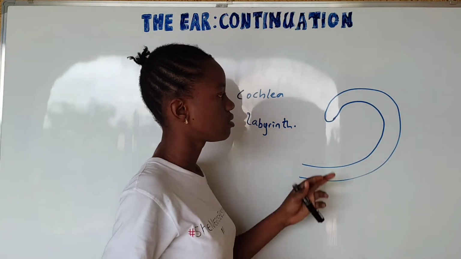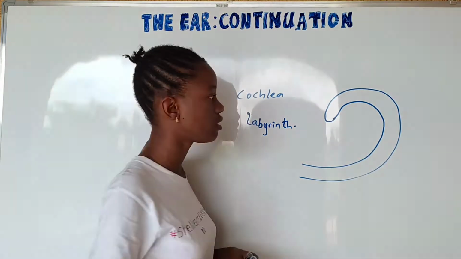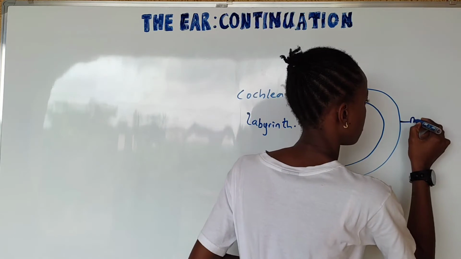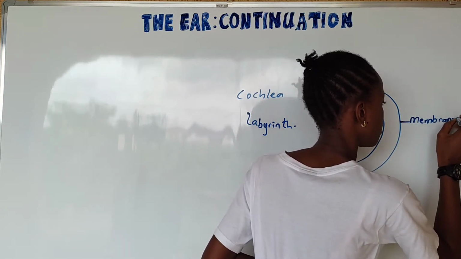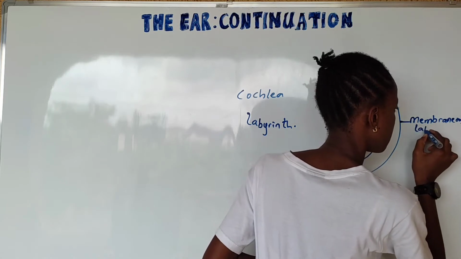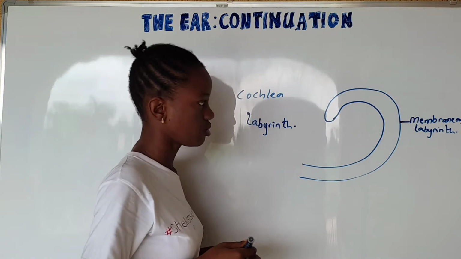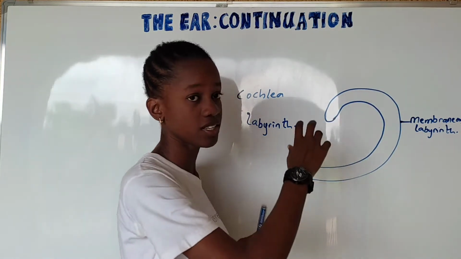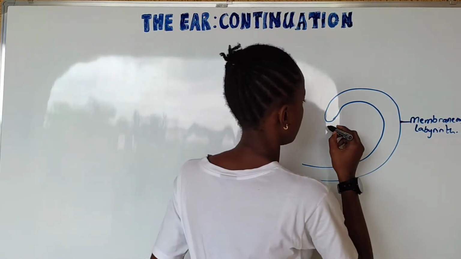Since it's membranous, we are going to call it the membranous labyrinth. So this is the membranous labyrinth, and as I said, this is the inner part of the cochlea. So I'm going to draw the outer part.